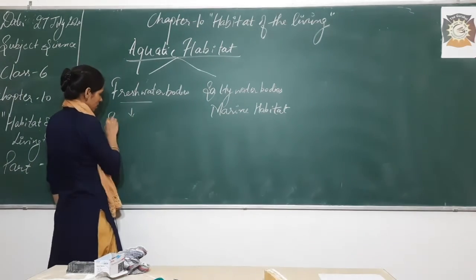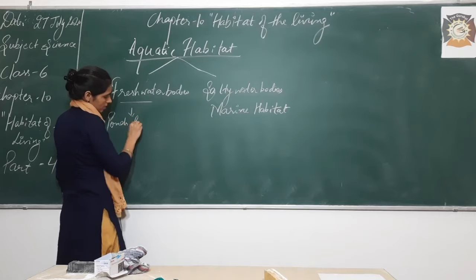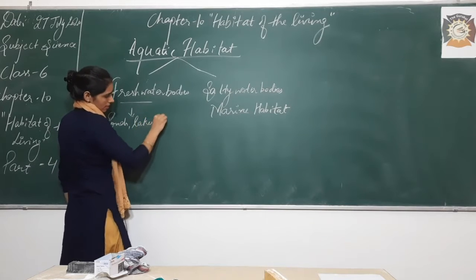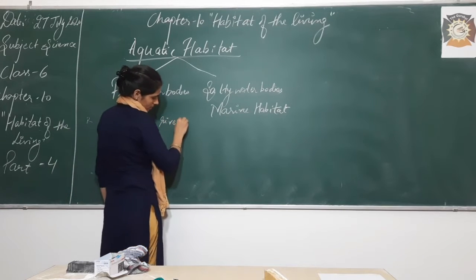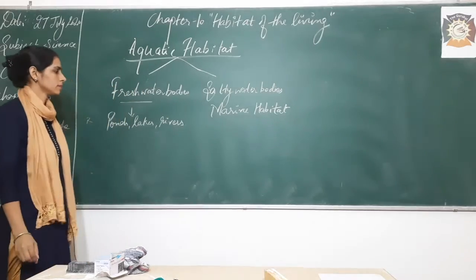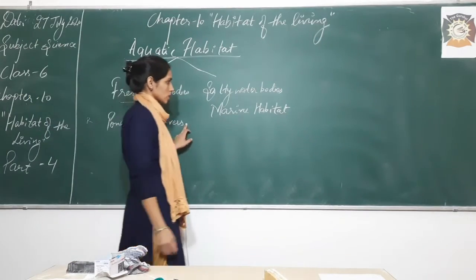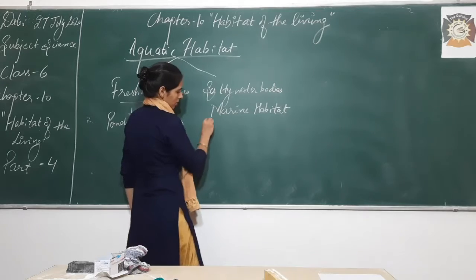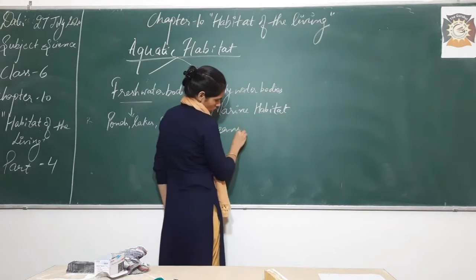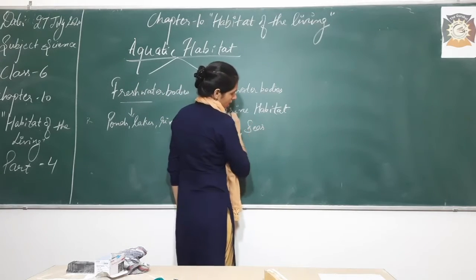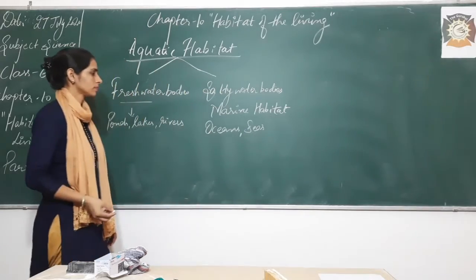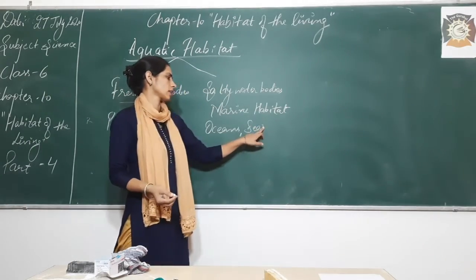These are ponds, lakes, and rivers. Next, what are the salty water bodies? Salty water bodies are, for example, oceans and seas.